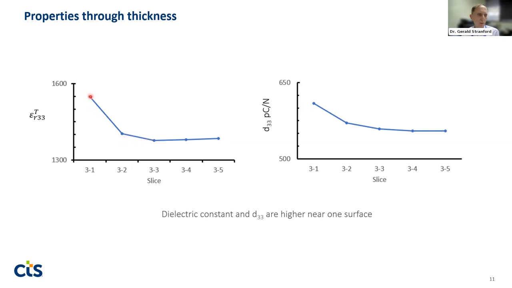Here we're going from a dielectric constant of about 1550 down to around 1400, maybe a little bit lower, but fairly consistent between the other 4 slices. Same trend with the D33. We're going from about 610 here down to around a 570 D33 coefficient.